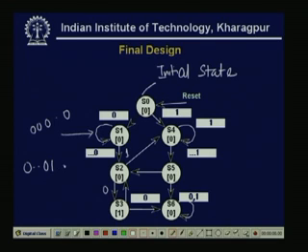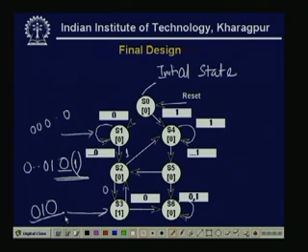Now the next input can be either 0 or 1, so there are 2 branches. If it is a 0, that is our recognized pattern 0 1 0. But if it is a 1, that should be the 0 1 1 case.